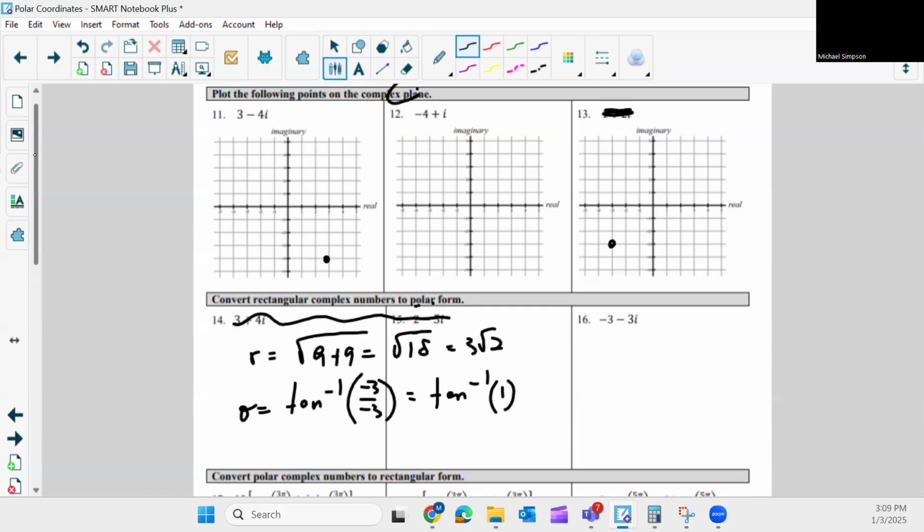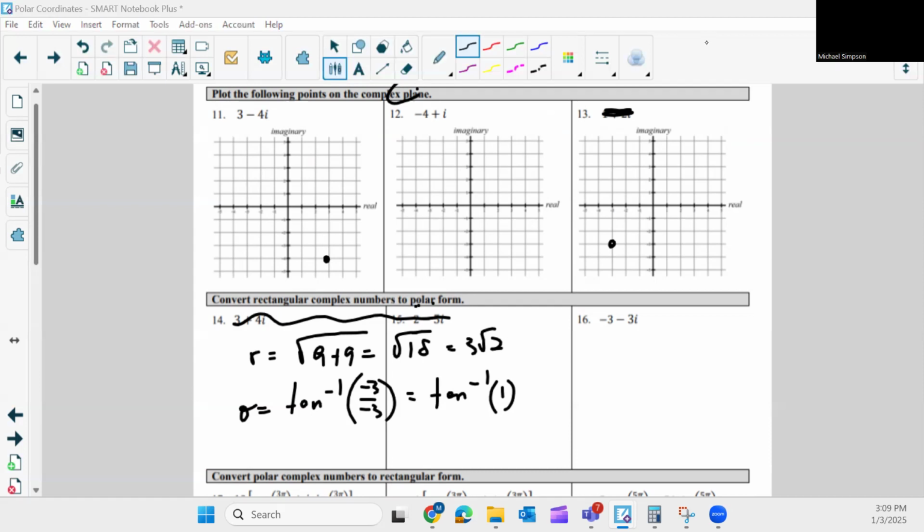That should give you 0.7. Pi over 4 is 0.7. Oh, you know what? I'm thinking of radians.